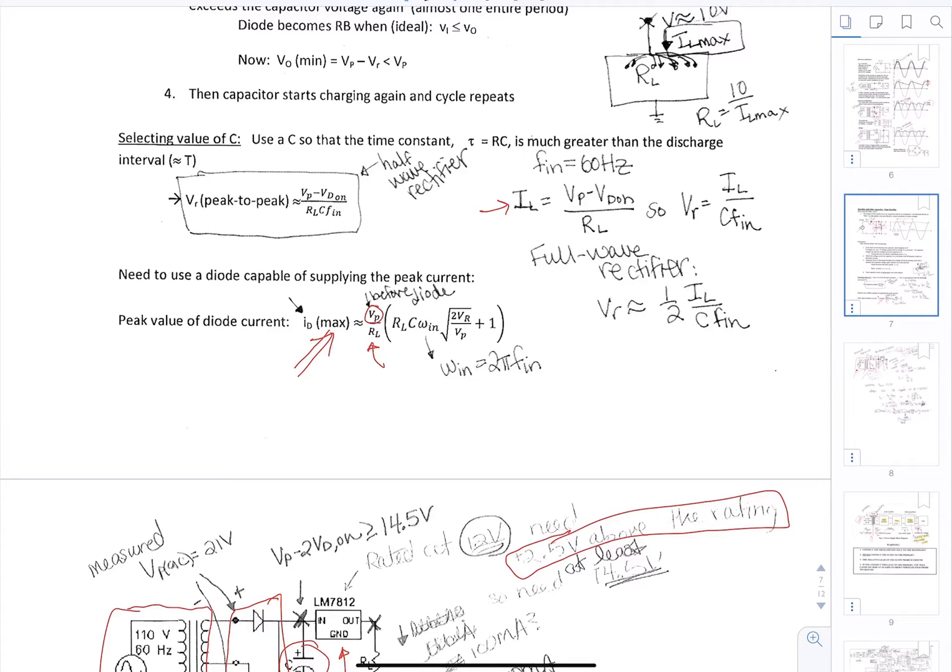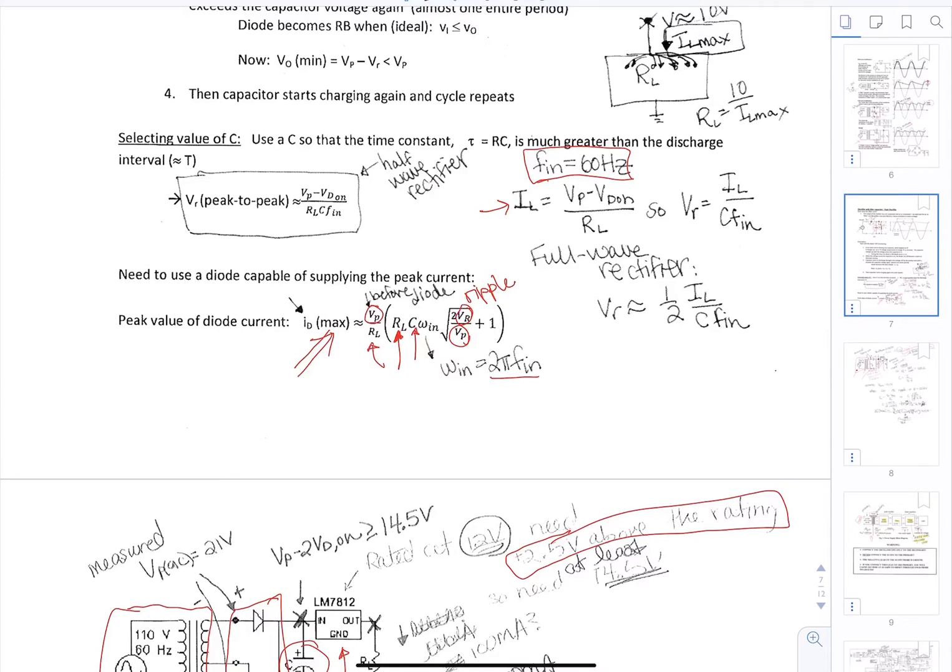And then your omega in this is going to be 2 pi times your frequency, and your frequency from the wall is going to be 60 hertz. And VR is your ripple. And then your capacitor, that I'll show you how to get a value for right now. And then that RL again, and then again VP. So all of these values, you know what they are, and so you can calculate what the maximum is.